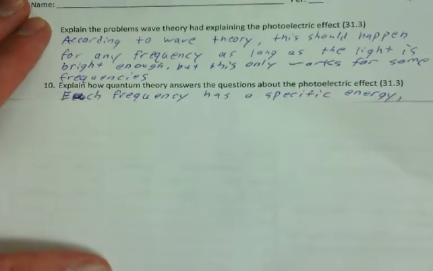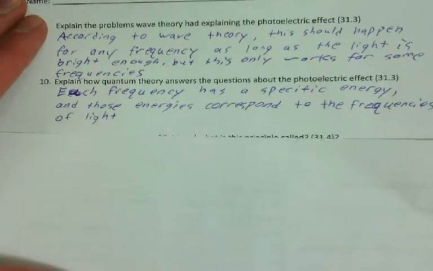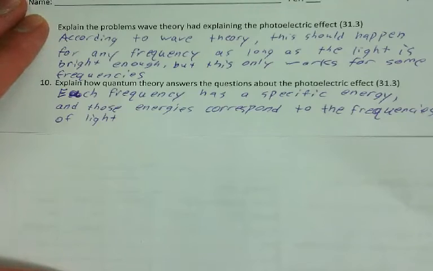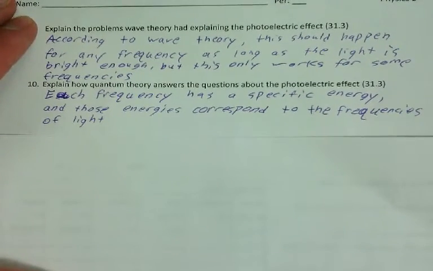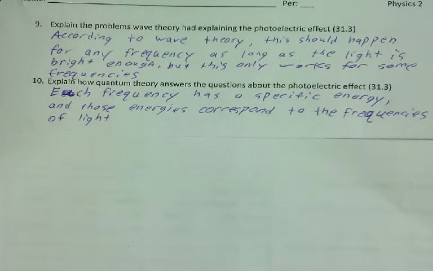Okay. How quantum theory answers this question. Each frequency has a specific energy, and those energies correspond to the frequencies of light. Josh, I'll get to your question in a second because it goes with this. So red light has a lower energy than violet light does.